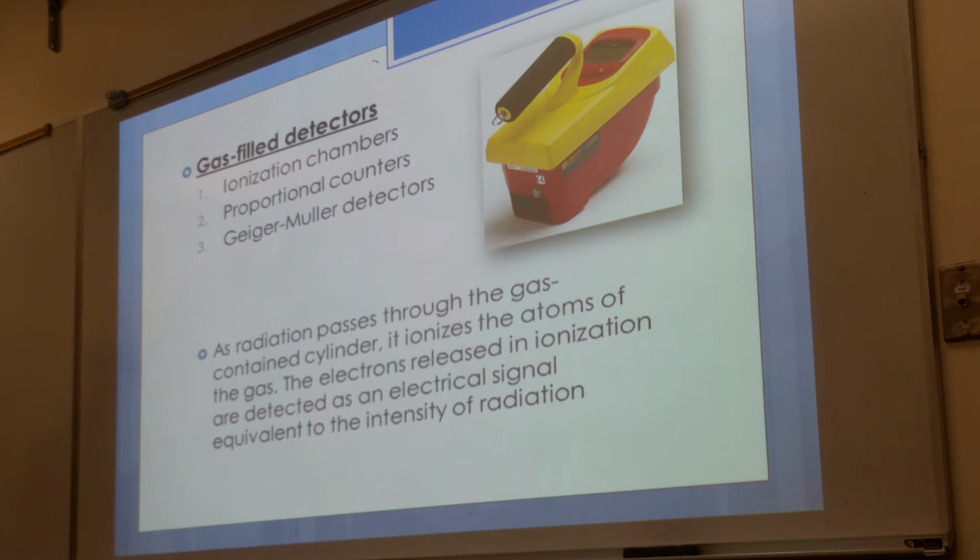The electrons released in ionization are detected as an electrical signal equivalent to the intensity of the radiation. So in actuality, it's not physically detecting radiation, it's detecting its ionization on air molecules. Everybody got that?